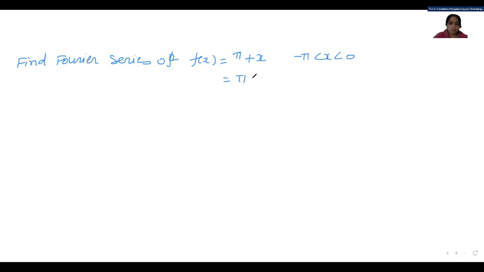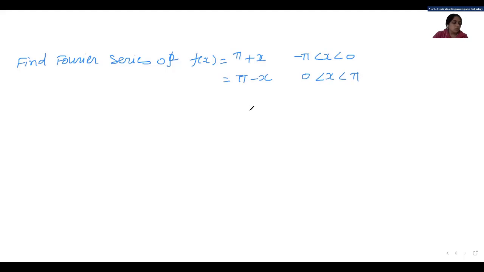Suppose our question is: find the Fourier series of f(x) = pi plus x, where minus pi is less than x less than 0, and f(x) = pi minus x, where 0 is less than x less than pi.